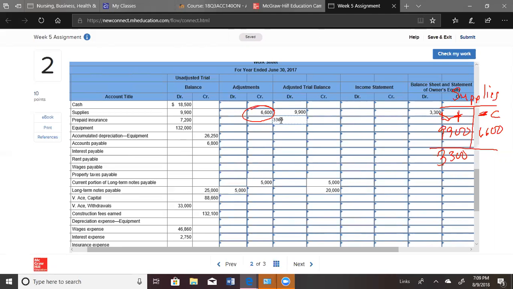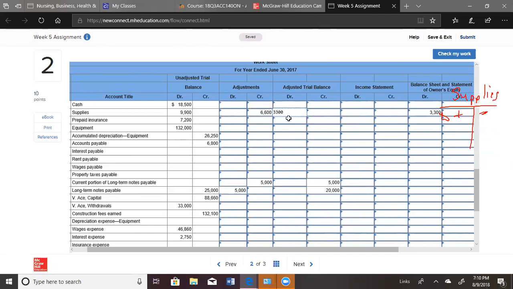No. This whole line is supplies. 6,600 for supplies, and then this is 9,900 for supplies. And then it's going to go right on the debit part, 3,300.